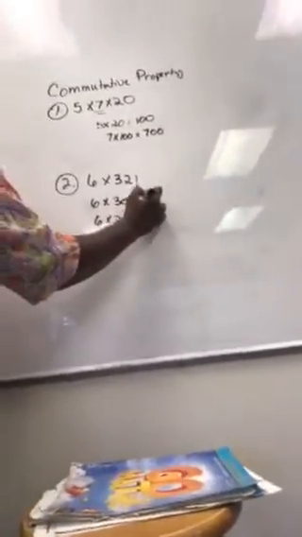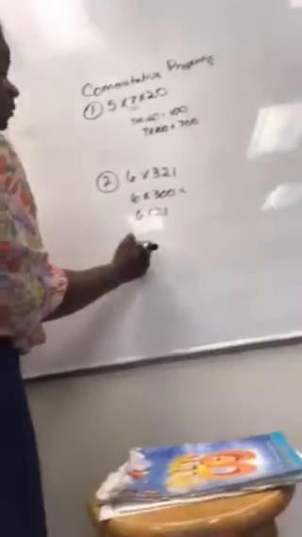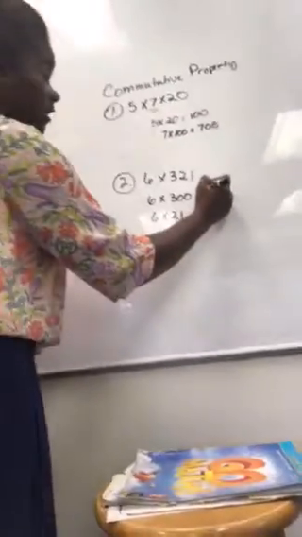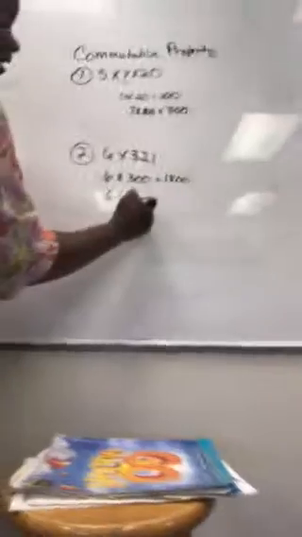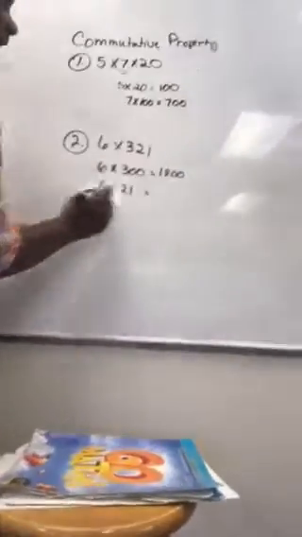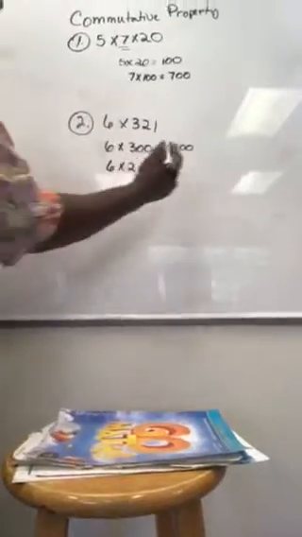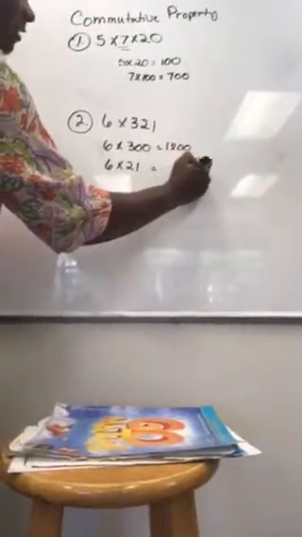Now some of us may say, well, I don't know what 6 times 21 is. That might be a little hard, and that's why I said use the other math if you need to. But 6 times 3 is 18. Then I would drop my 2 zeros, and then I would say 6 times 21. In my head, I can automatically do it because I'm your teacher, and it would be 126.